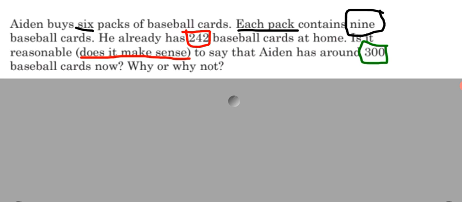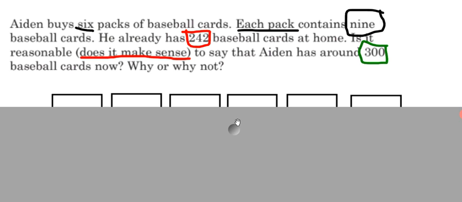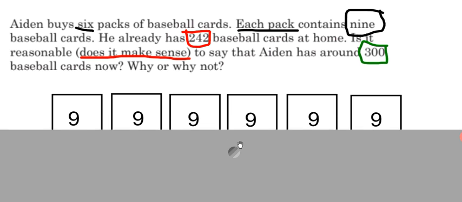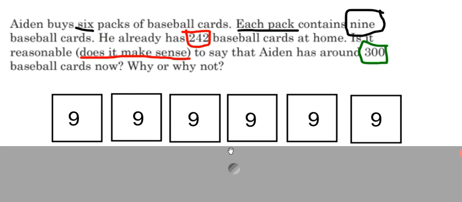So what you need to do is draw out the 6 packs. So if you see, I drew 6 packs. 1, 2, 3, 4, 5, 6 packs, and each of them has 9 cards. 9, 9, 9, 9, 9.